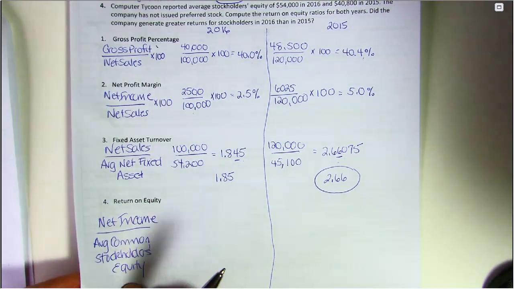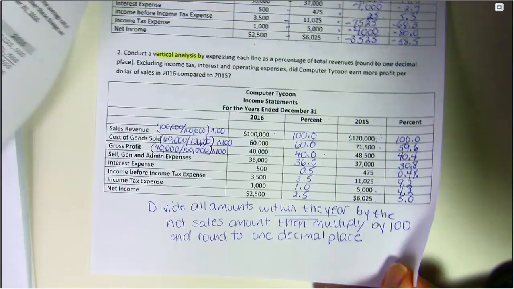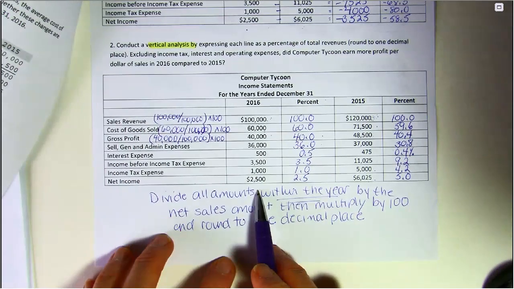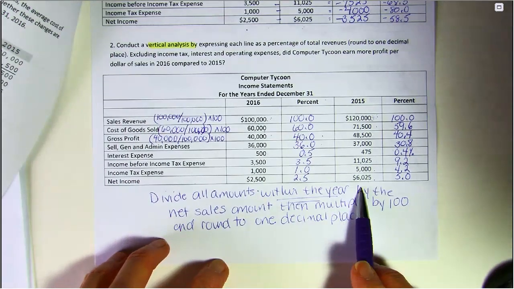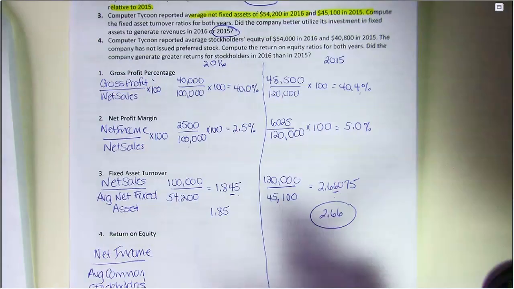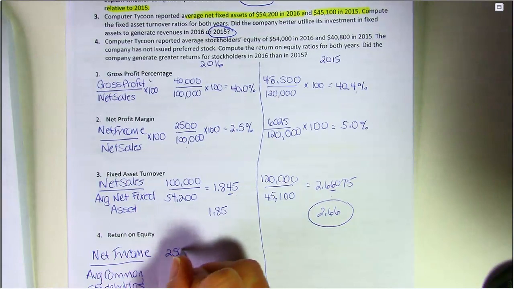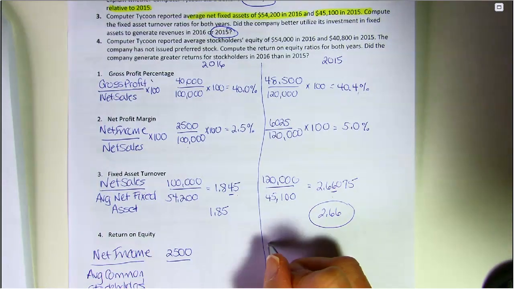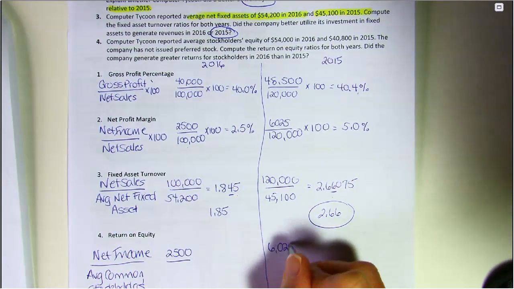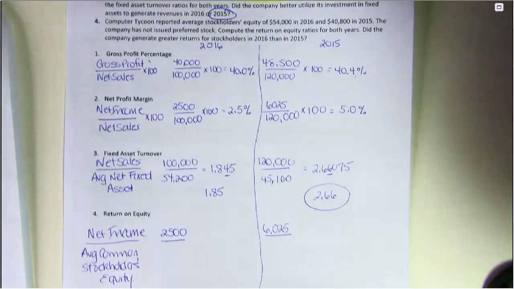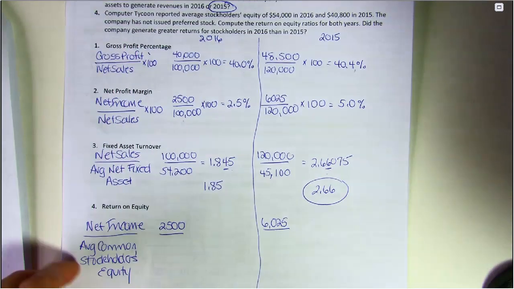So let's take our net income. Our net income for 2016 is $2,500. For 2015 is $6,025. And we're to divide by the average common stockholders' equity.